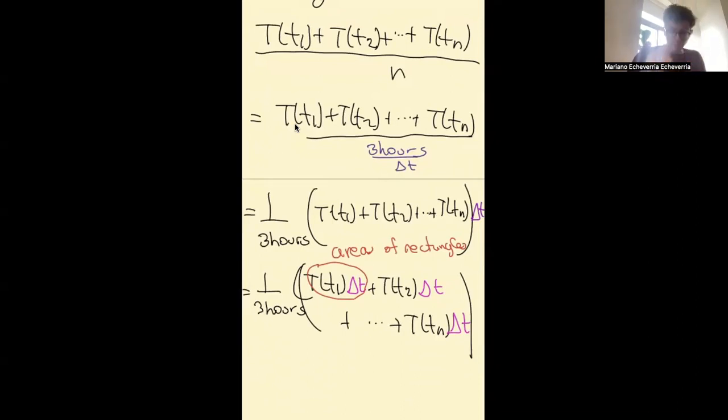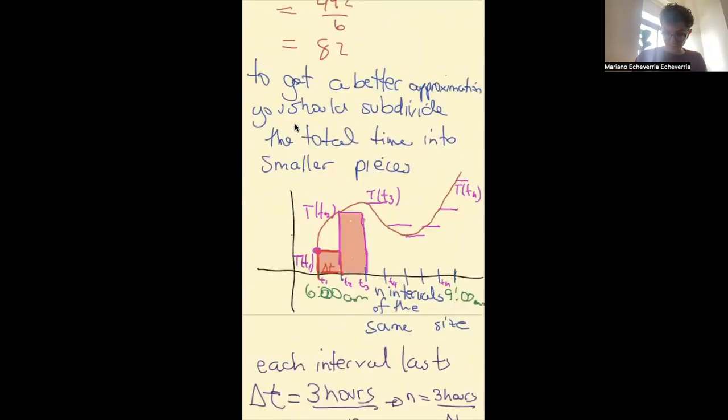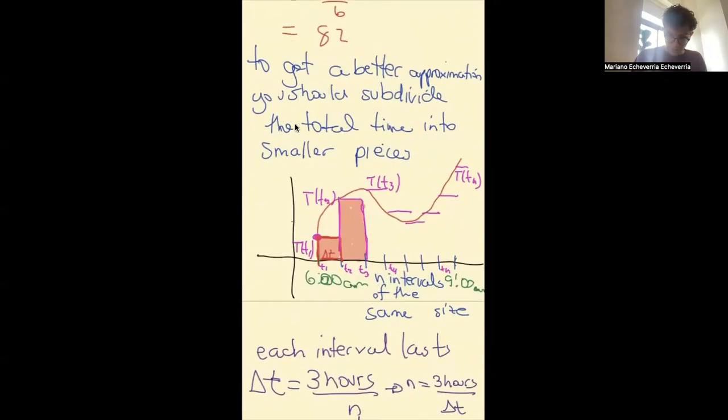So really what we're doing here is a sum of areas of rectangles, but that's precisely what we knew how to do before because that's essentially what the integral is for. So just to make this story short, because I already spent a lot of time giving you the motivation, the motivation is to define the average value of the function as the integral divided by the total time or total length of that interval.